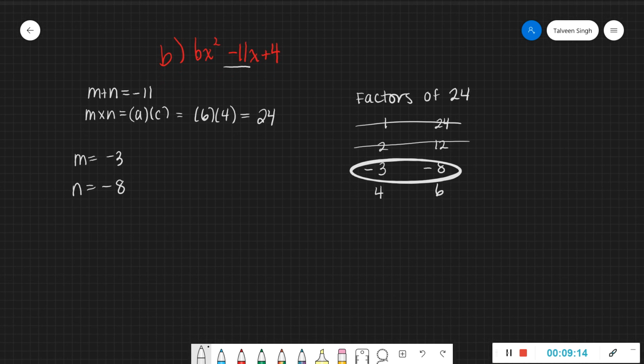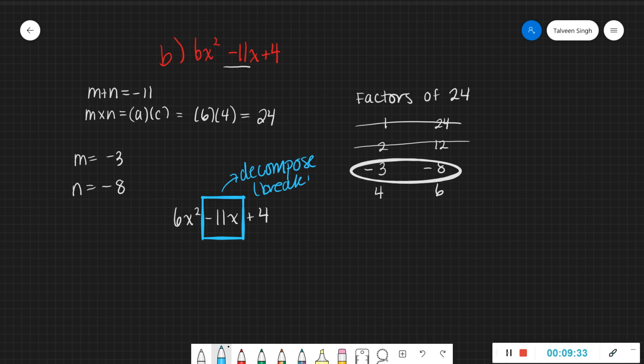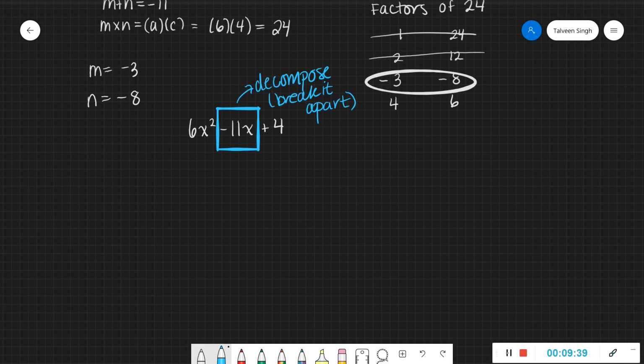So we're going to do the same thing. We're going to go back, look at our 6x squared minus 11x plus 4. We're going to decompose this center term, right? That's why it's called decomposition. We're going to break it down. So let's change this 11 to the 2 things we want it to be.